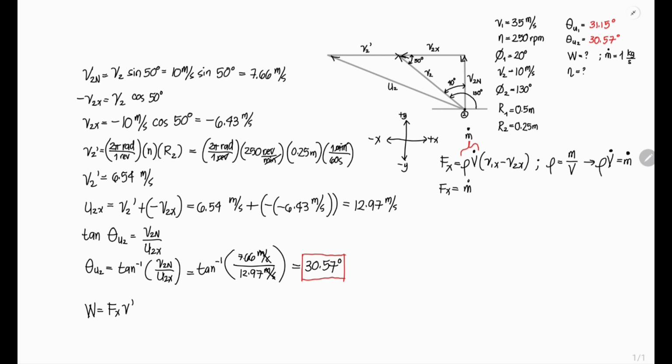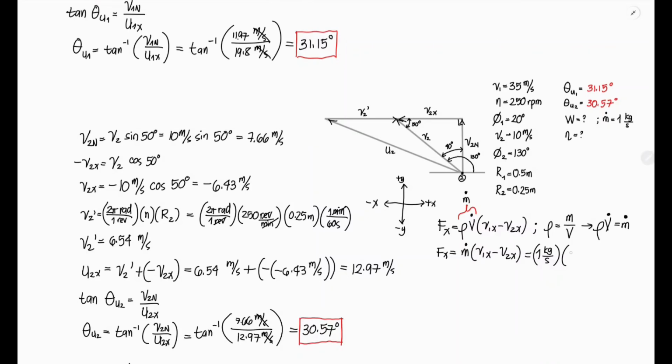So that is mass flow rate times V1x minus V2x. So that is 1 kilogram per second multiplied to the quantity of V1x, 32.89 meters per second minus V2x. So the value of our V2x is negative 6.43. So that is negative 6.43 meters per second.